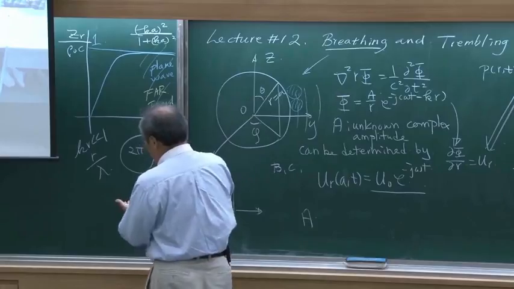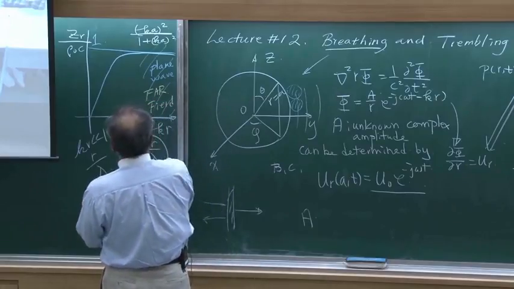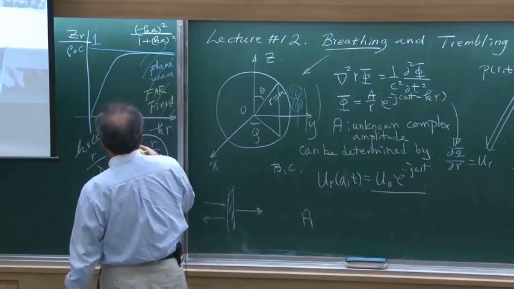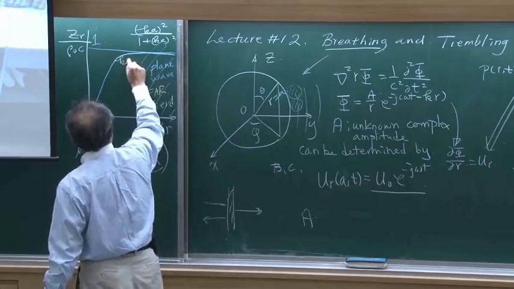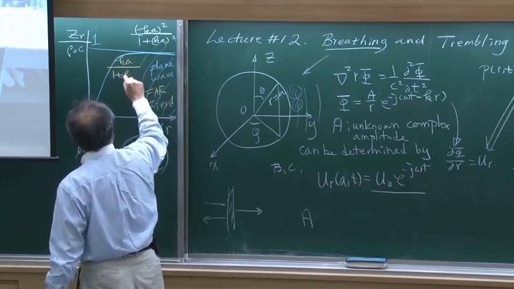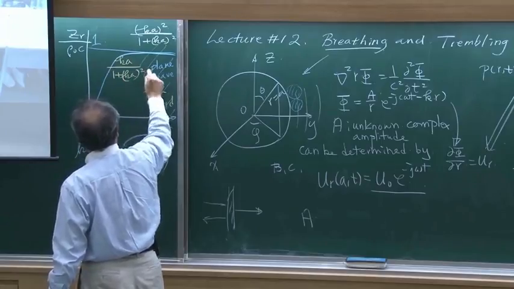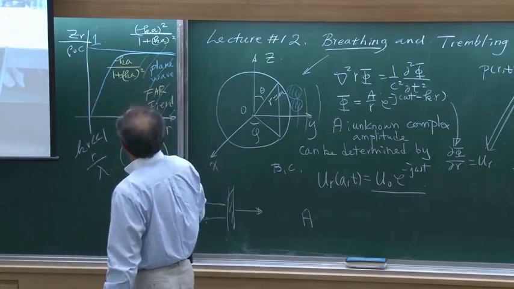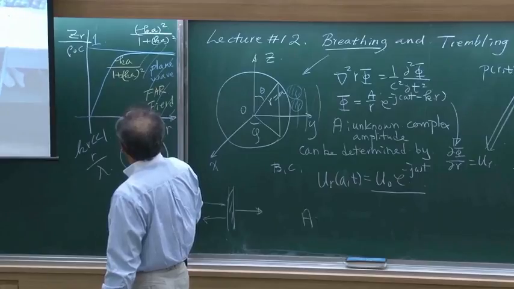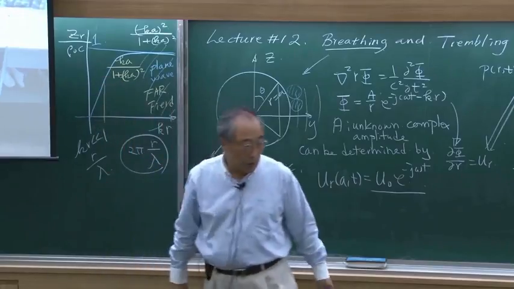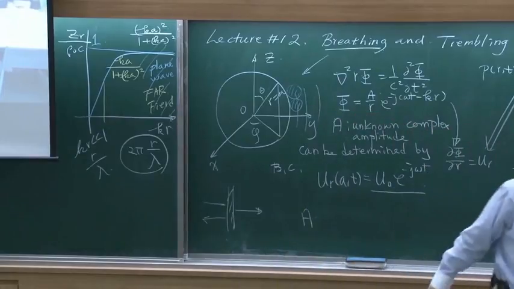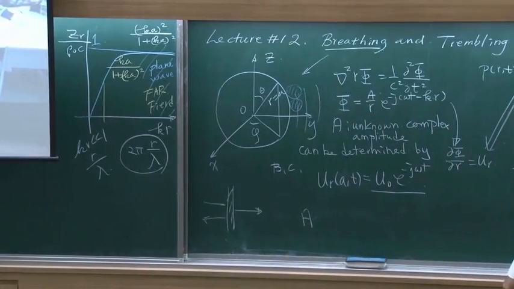Okay, and let's look at the imaginary part, which is Ka over 1 plus Ka square. And we found that this one and the imaginary part share a common point.